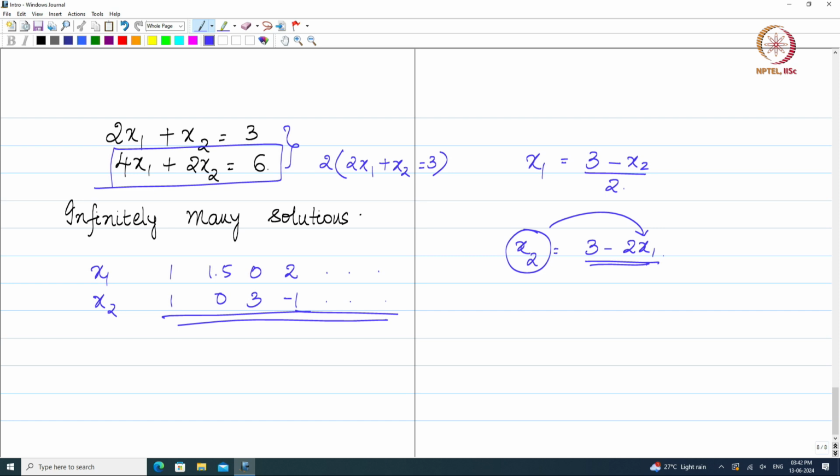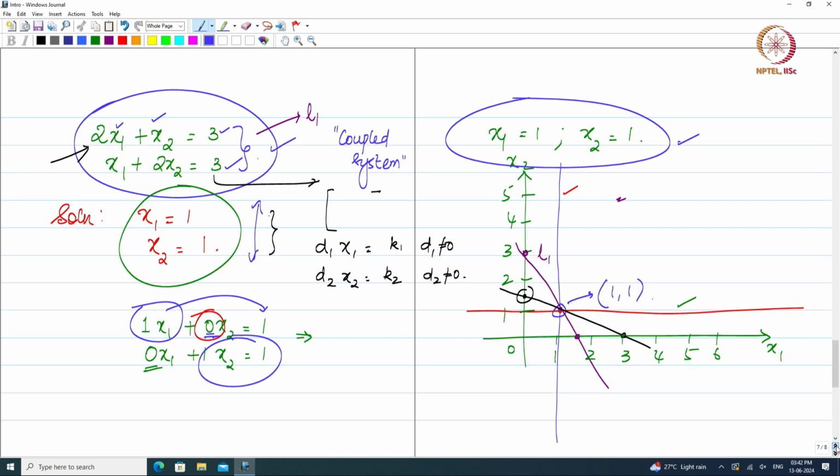Whereas if you look at the previous example, in the first equation I have x2 is equal to 3 minus 2x1, in the second equation it is not the case. In the second equation x2 is going to be (3 minus x1) by 2. So these two are not the same, right.